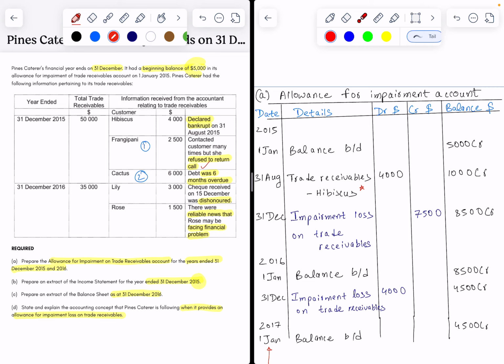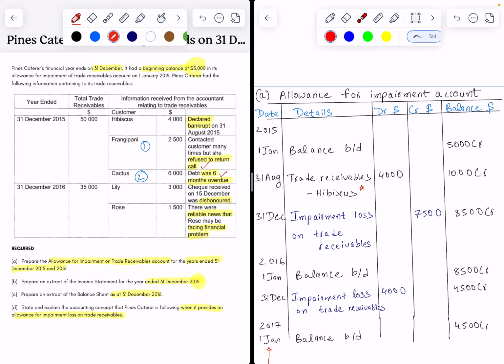And Cactus is already 6 months overdue. This means there is a strong possibility that this is not going to be collected in the future, and therefore this is a probable amount which we look to cover by increasing our allowance for impairment account.